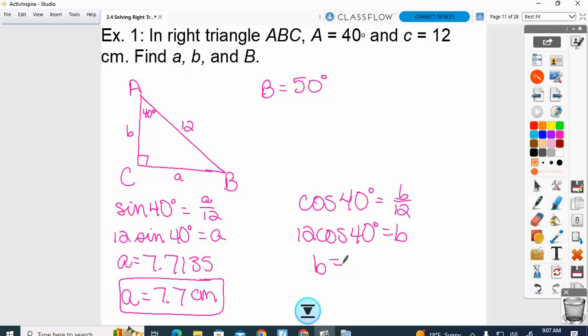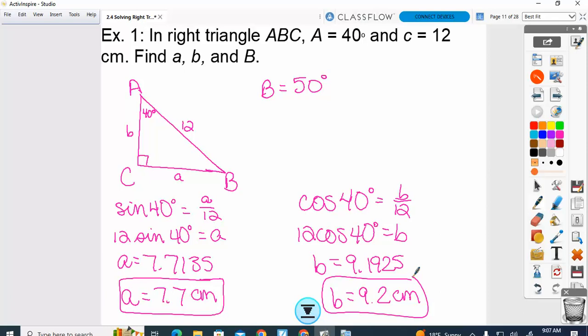You get 9.1925. But if I said significant digits, we would call this what? Is that one okay?